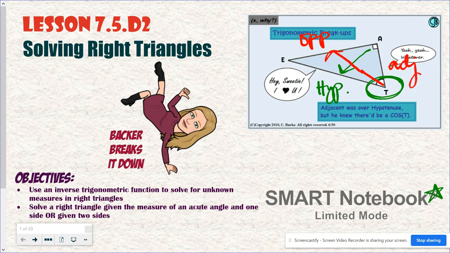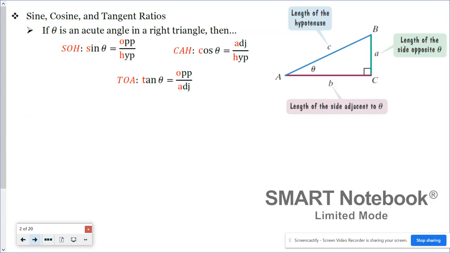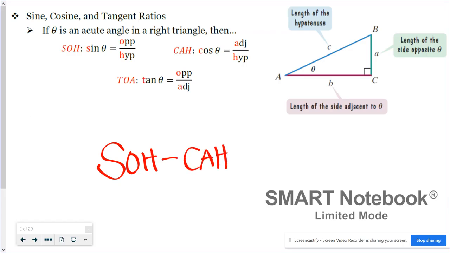Now, there are three big trig ratios, and those would be sine, cosine, and tangent. When we were in geometry, we were taught the cute little mnemonic SOHCAHTOA. Remember that? Bits and pieces are coming back to you. SOHCAHTOA is a cute little way we can remember these three trig ratios.